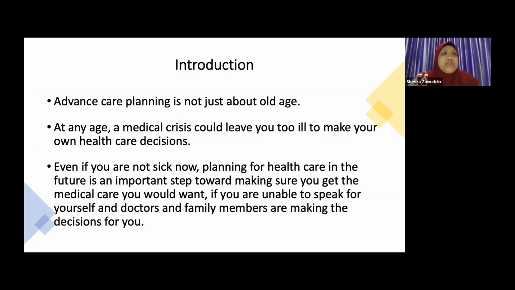Advanced care plan is not about just doing it at old age. It can be done at any age because any one of us may have to deal with a medical crisis where we may be left too ill or unable to make our healthcare decisions.